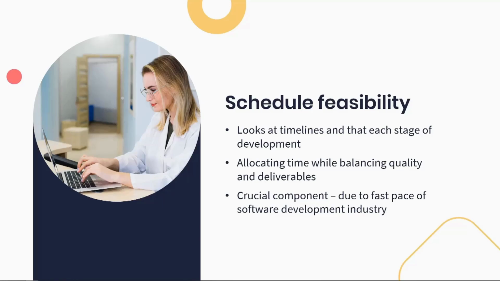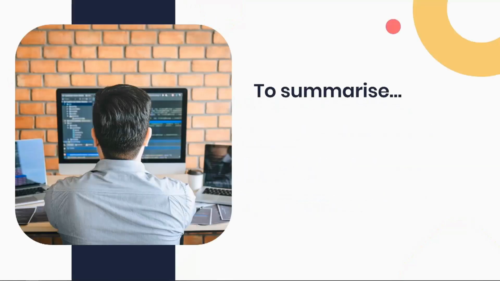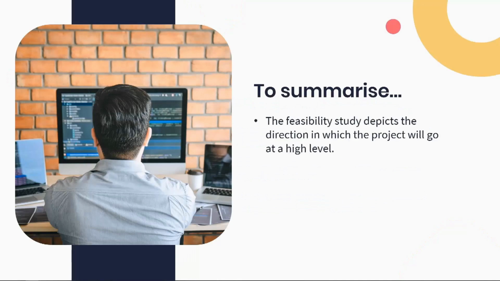Ouch. The feasibility study will give you a pretty good picture of the direction in which the project will go at a high level. You can pretty much tell by just looking at the feasibility study report whether it is sensible to go on with a project or not. Now imagine what would have happened if you had just jumped onto a computer and started writing code.